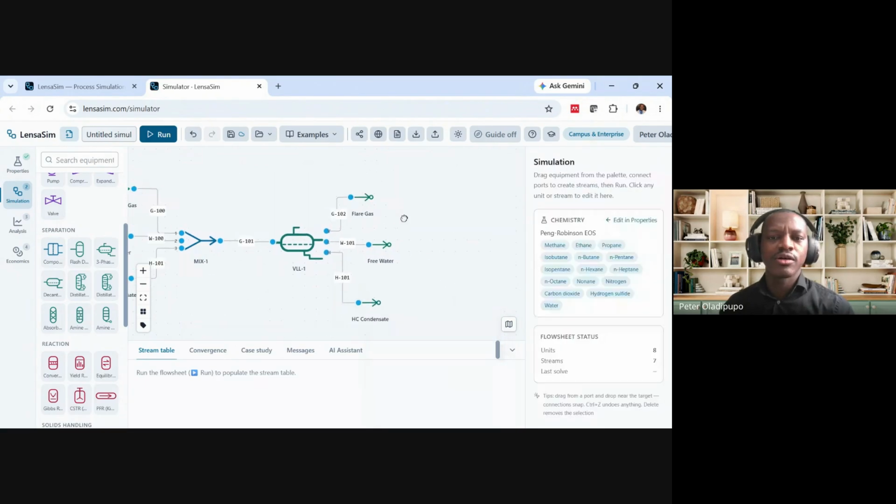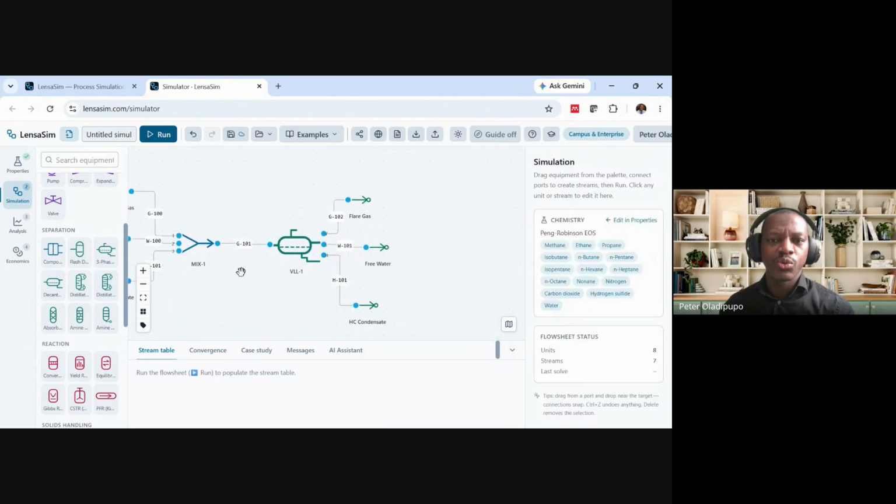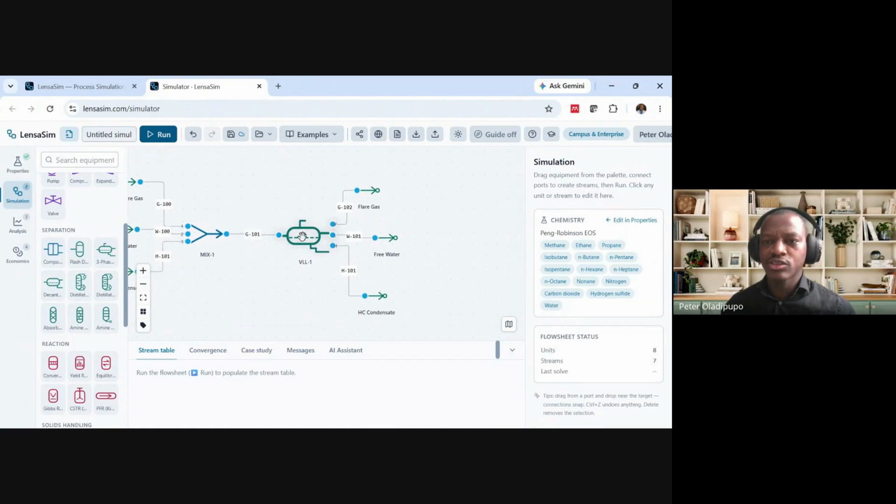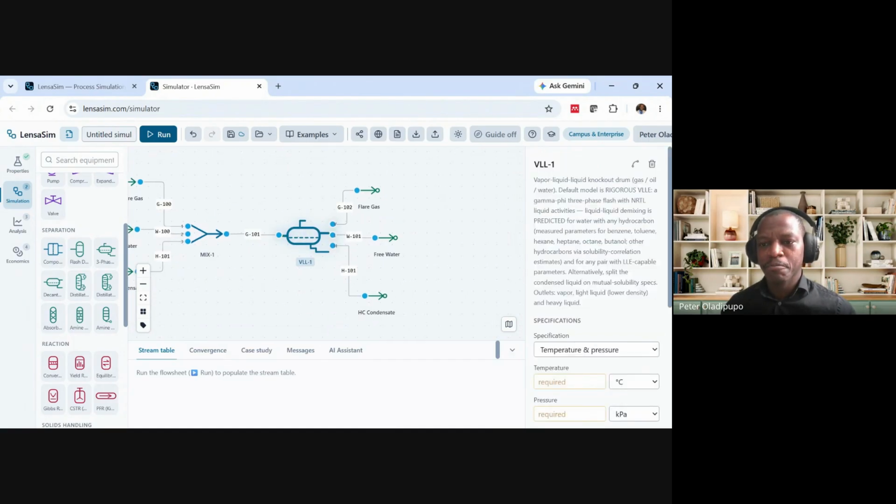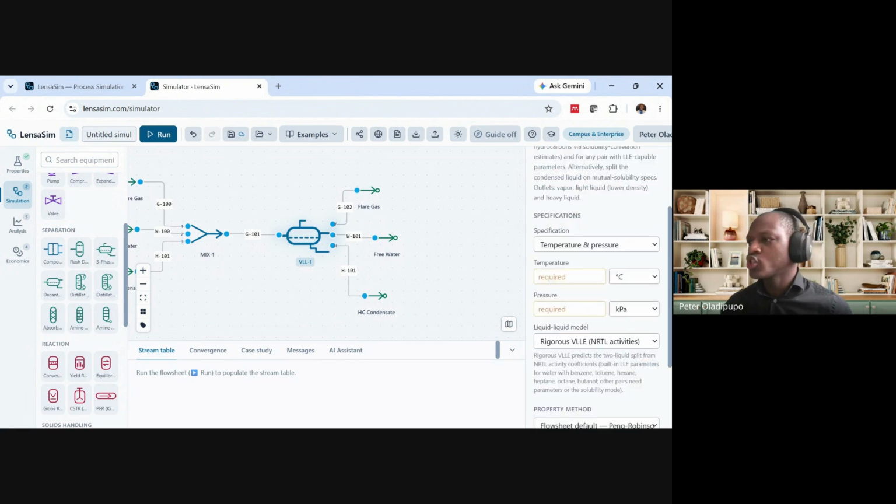We now have to specify the slug catcher, the three-phase separator. Specify the temperature and the pressure for it. These are defined in the literature. If you do some research, you find the typical conditions for a slug catcher in the industry. I have those data as well, and I'm just going to look them up quickly.